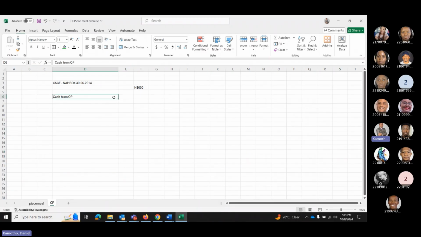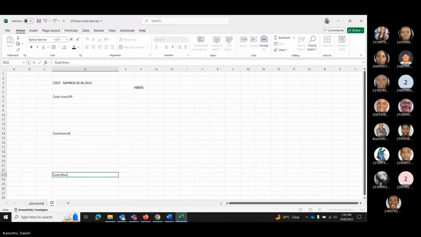Ideally, you could put a working and put it elsewhere. Then we have cash from investing activity. You could start financing if you like. Then we have cash from financing activity.